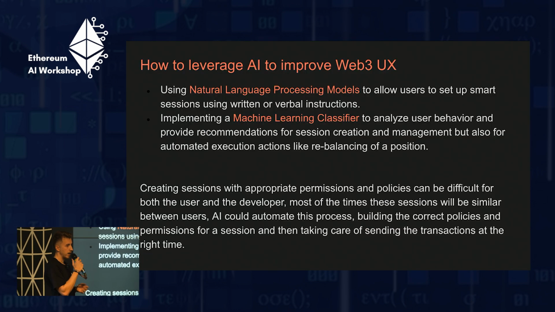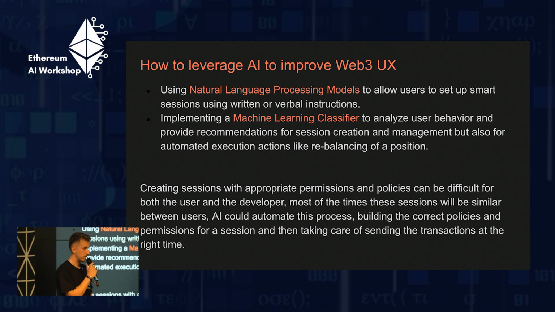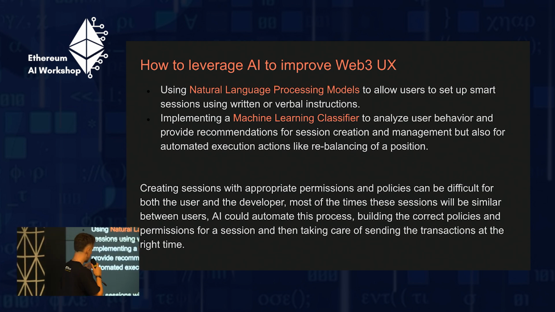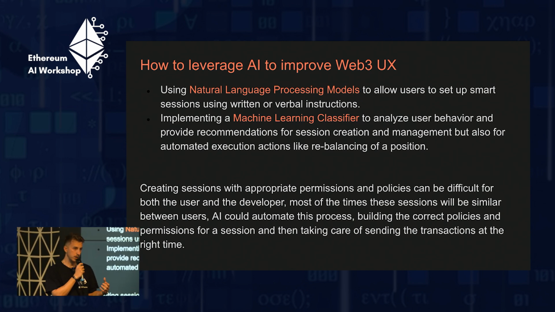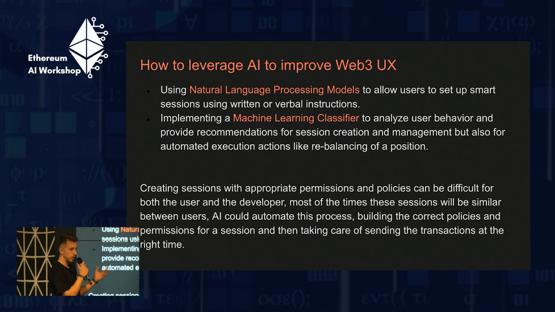Now, how to leverage AI with this module and this smart account version? So we can use natural language processing models to get the user intent and then transform that user intent into actual transactions.